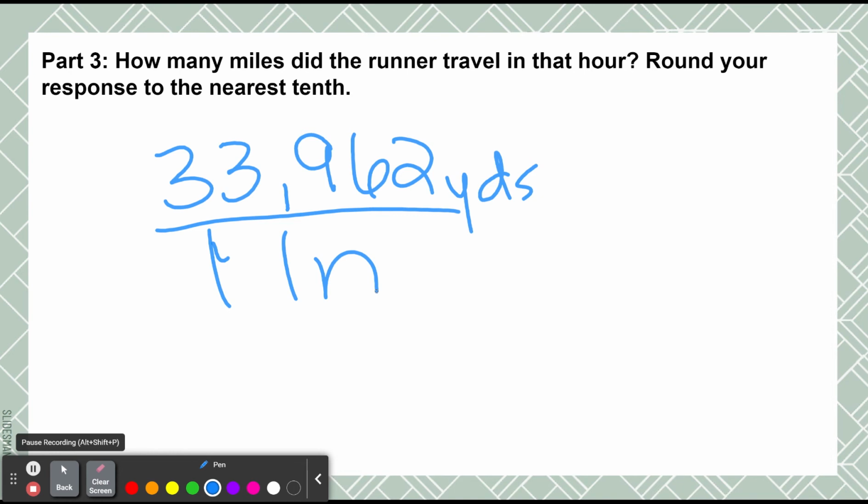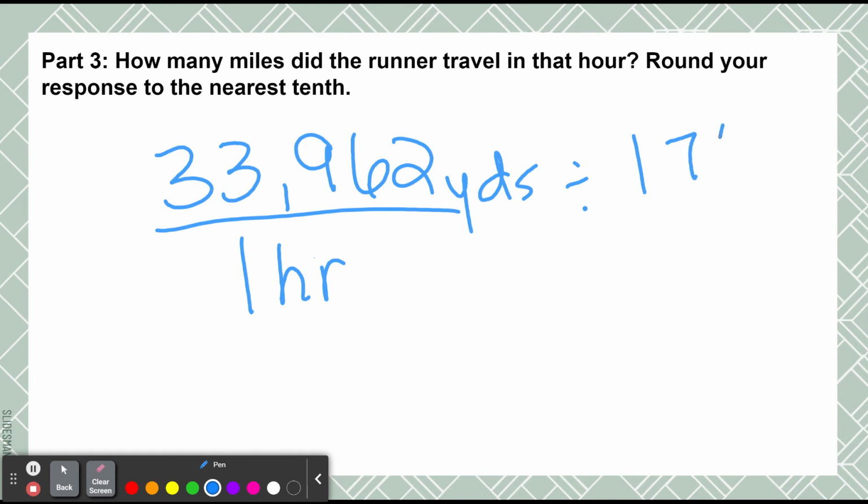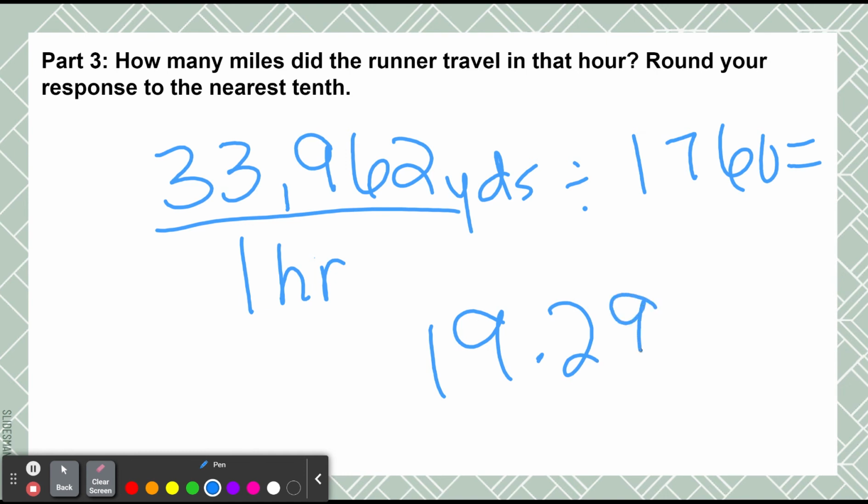Well, I know that there are 1,760 yards in 1 mile, so I need to take my total yards that I have, which is 33,962, divided by 1,760. So if I divide by 1,760, I know that I'm going to get 19.296.